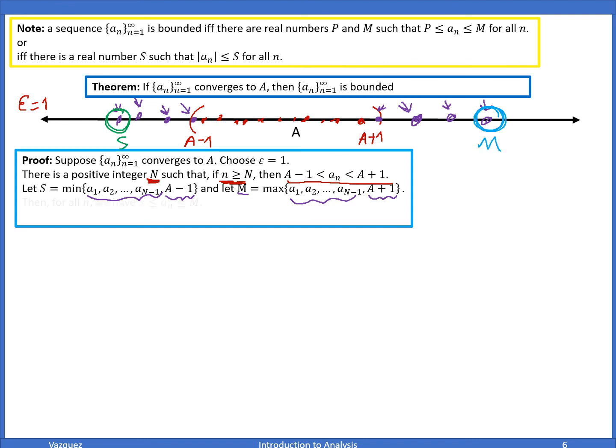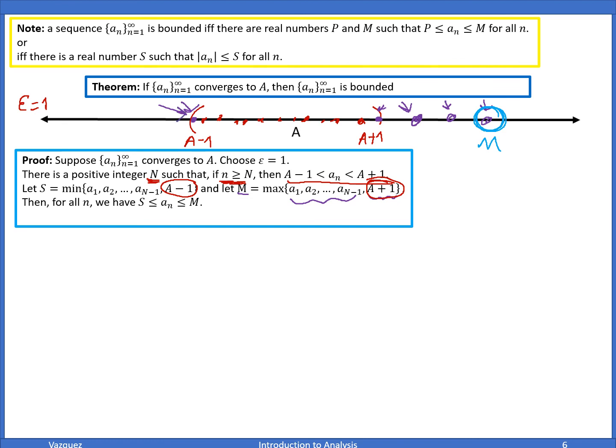Well, guess what? If we set an interval there, then all the points of the sequence lie within that interval. If you want to ask yourself why we include this A minus 1 and A plus 1 in this set, that's because, say we didn't have points to the left of our interval, then our lowest point, or not even our lowest point, but we know we have a bound of A minus 1 here, where I drew this arrow.